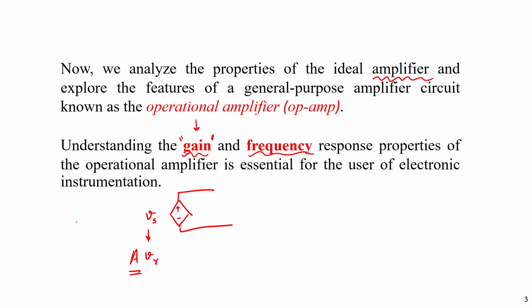So if we have the source VR, whatever VR, Vs will increase by the gain A. A is the gain in this case. Output is A VR. So Vs is dependent on VR.